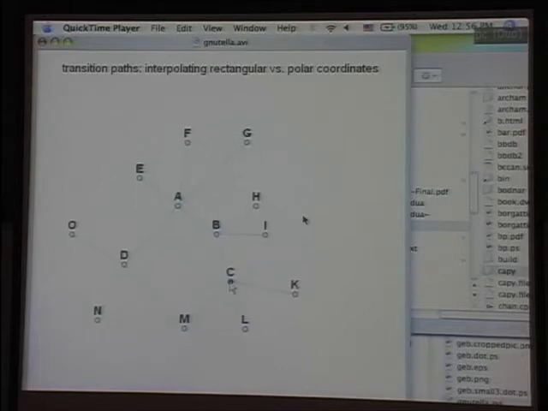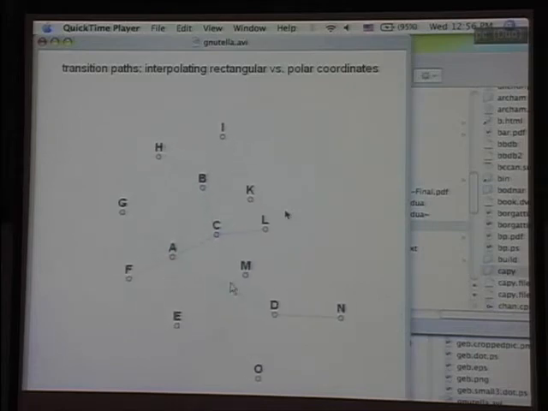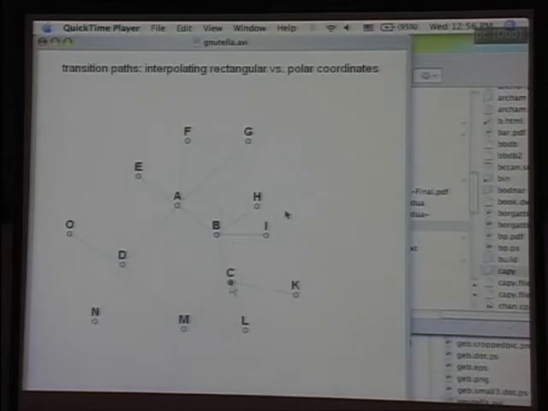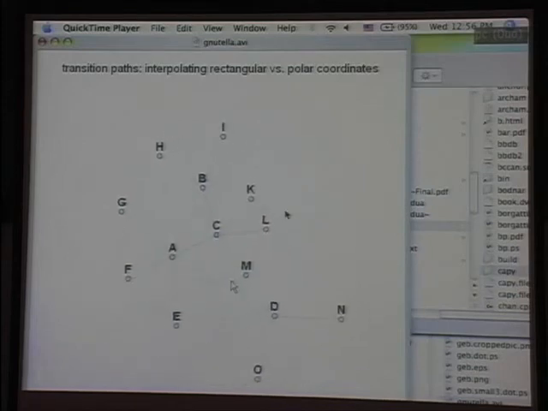So if you just interpolate the position of the nodes rectangularly, what you'll notice is that you get this kind of collapsing into the middle effect with this graph, and it's relatively hard to follow. If instead you interpolate by moving things around in polar coordinates instead of the rectangular coordinates so they roughly stay at the radial level that they'll be, it's easier to follow.